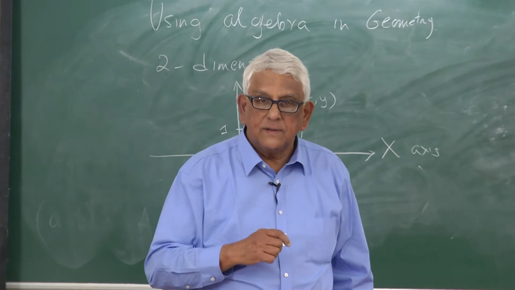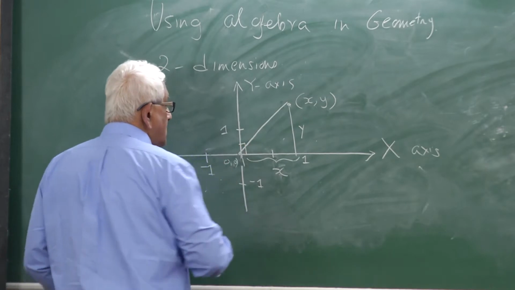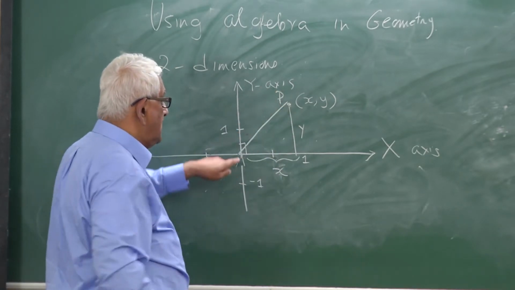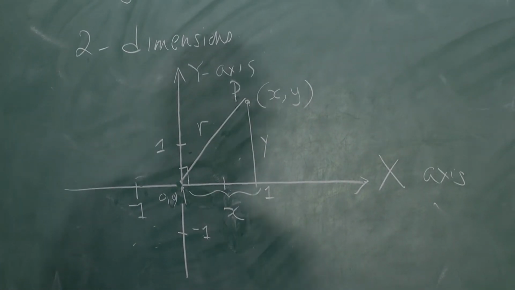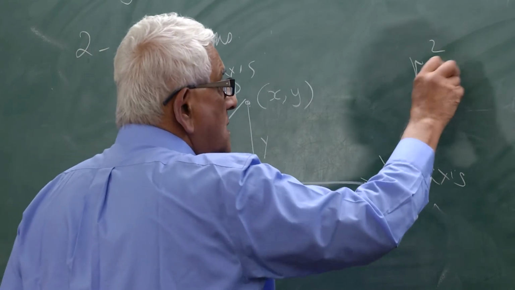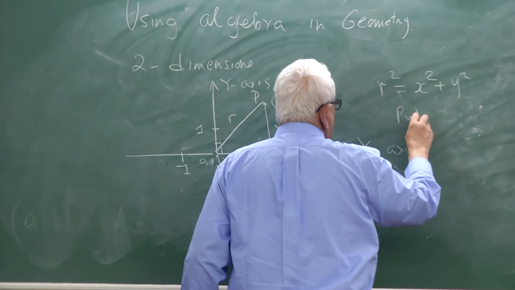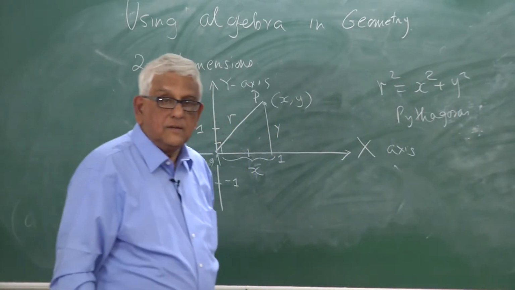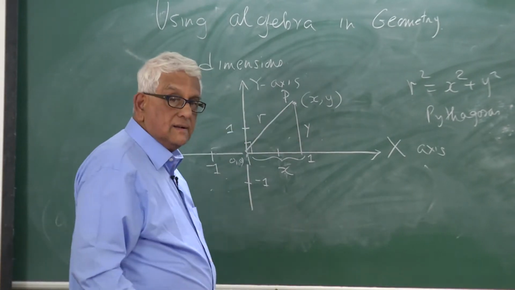But there's more, because now we know the distance from here to here, the distance between this point and the point P. If I call that distance r, then the distance r squared is x squared plus y squared. So Pythagoras' theorem tells you that this is a right angle triangle.